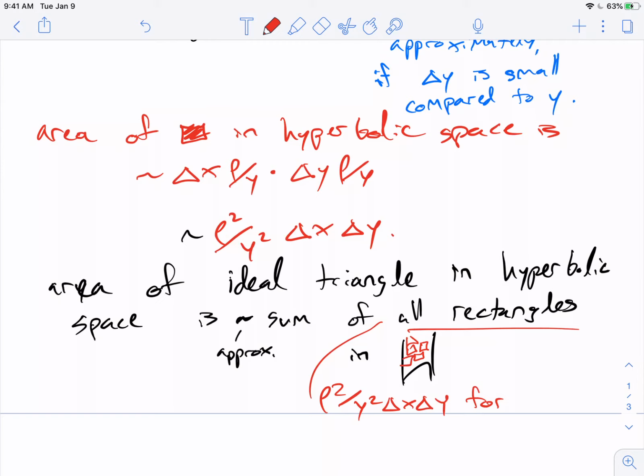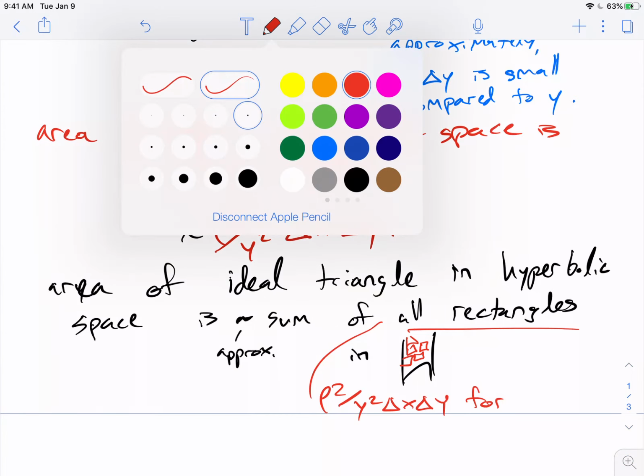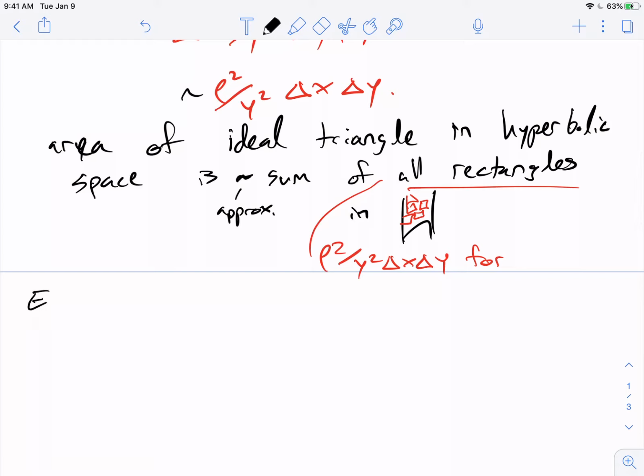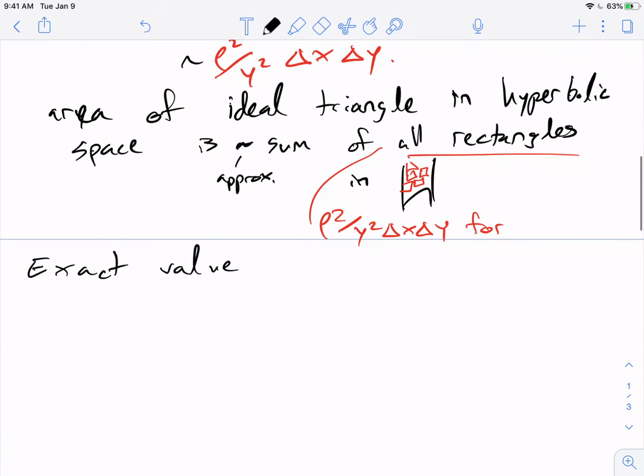So if I calculate this number for each rectangle and add them all up, that gives me an approximation of the hyperbolic area. How do I get the exact value? Well, I do the integral, right? So I replace the summation with the integral, and so I'm integrating over this region, right?